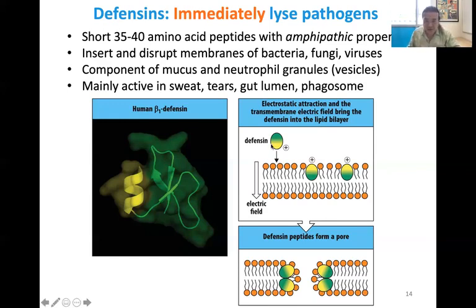So these defensin molecules, because of their amphipathic nature, naturally will insert themselves into the lipid bilayer of cells like bacteria. So if these things are the phospholipid bilayer of the membrane of something like a bacteria, the defensin molecules, because they are amphipathic, the green part of them, the hydrophobic part, will naturally be much happier when the water molecules surrounding this shove them down into the hydrophobic interior of the membrane, right?